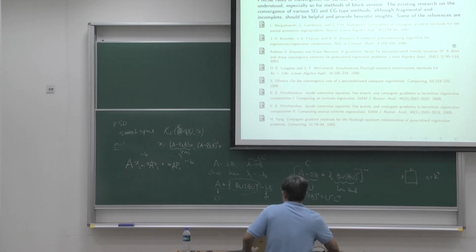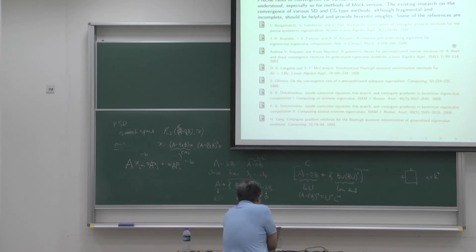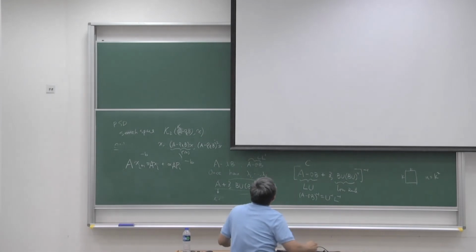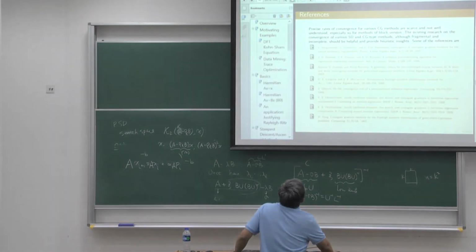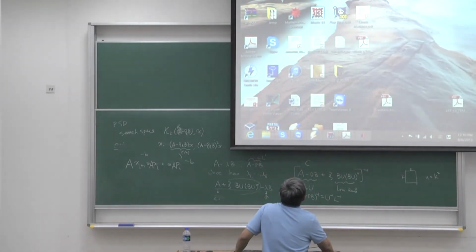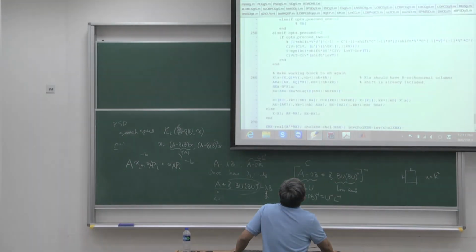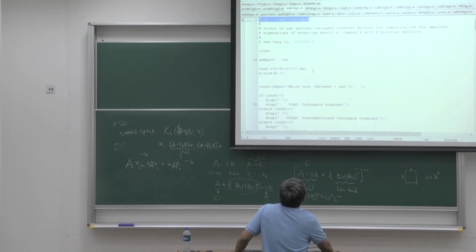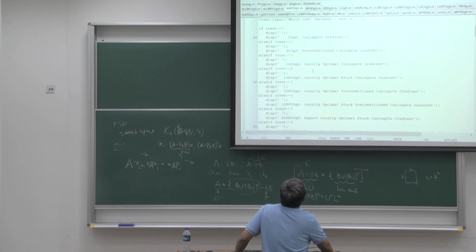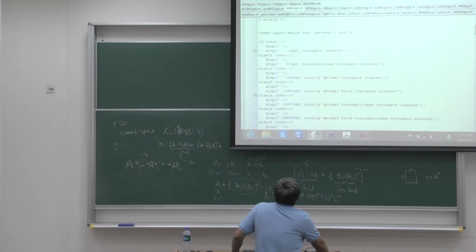If you download the code that's called test CG, there are a lot of options, probably more options than you can bear. Let's look at one case called CG.